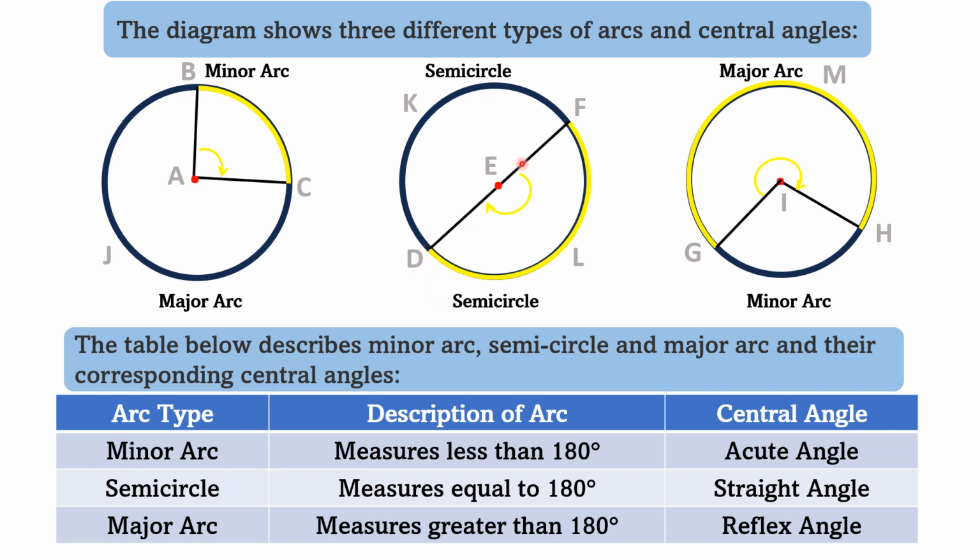The name of the first semicircle is arc DKF or arc FKD, and the other semicircle is arc DLF or arc FLD.